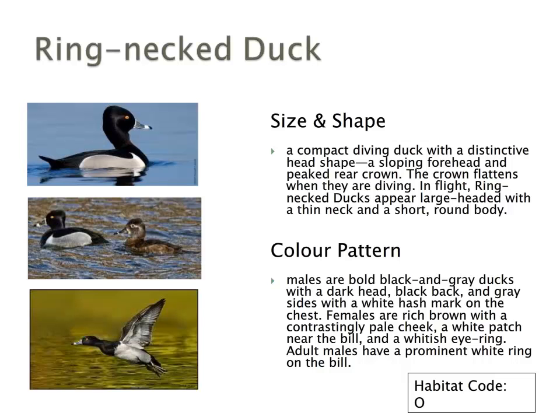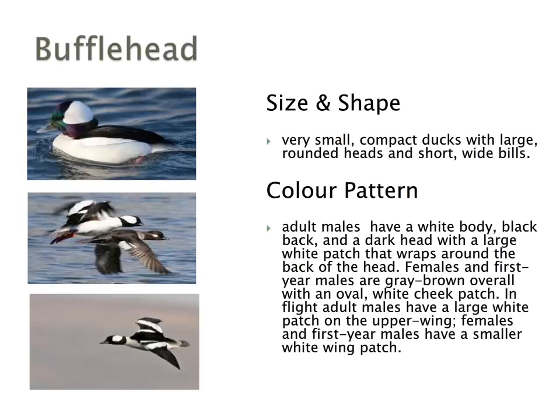They've got a very dark head, black back, and gray sides with a white hash mark on the chest. The females are very rich and brown. You can see them present here in the middle image. They have a contrasting pale cheek and a whitish eye ring. Adult males have what they're named for, a prominent, very white ring on the bill. Hence, you can see that present in the first image and in the second image clearly on the male of the species.